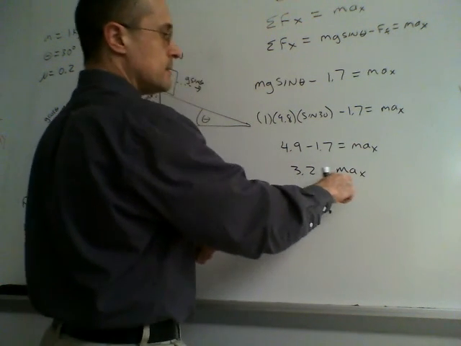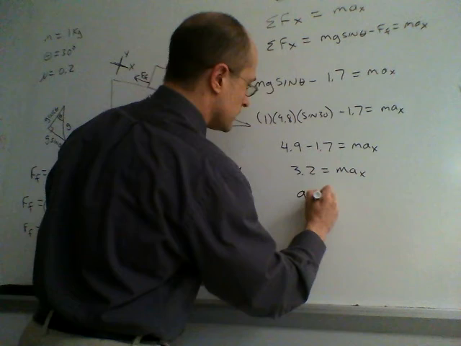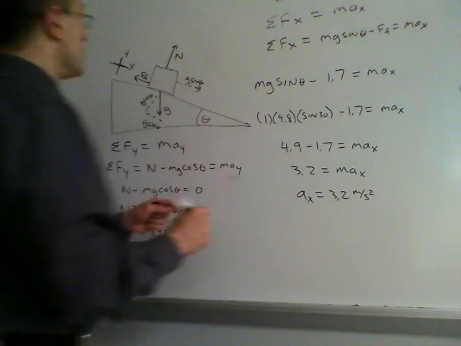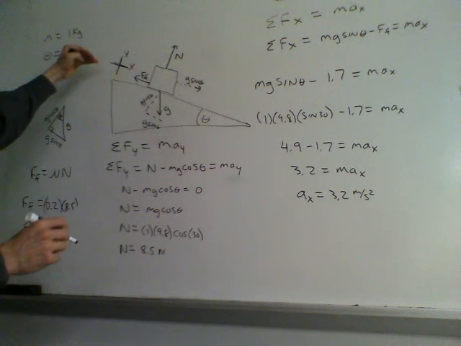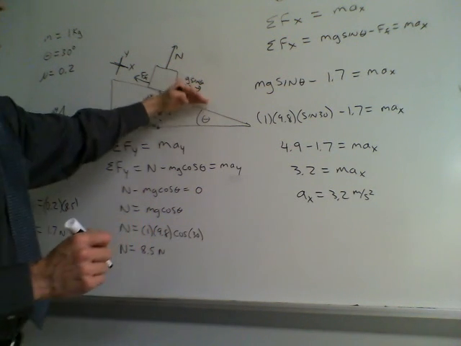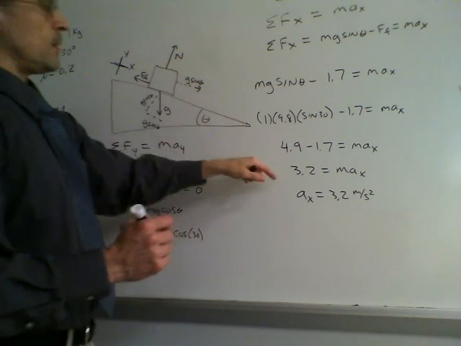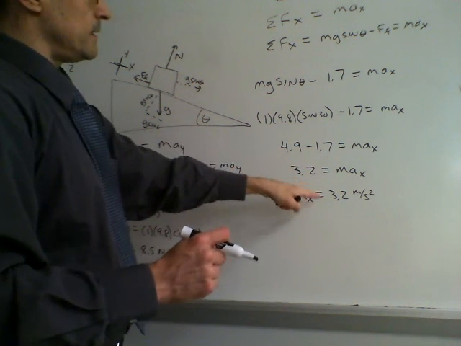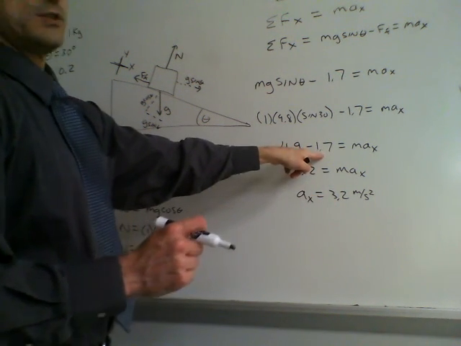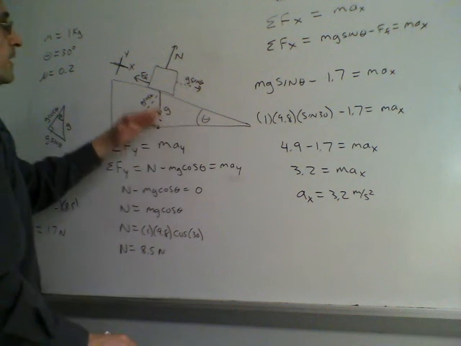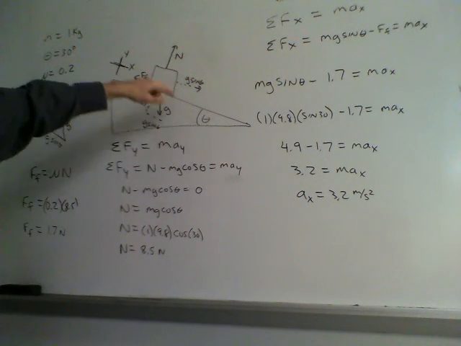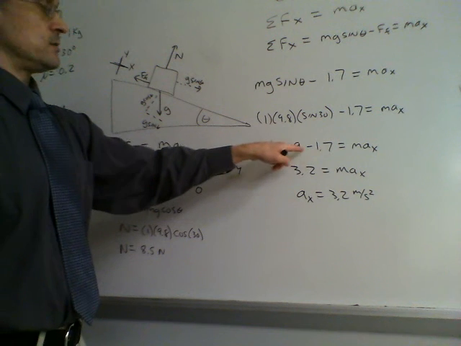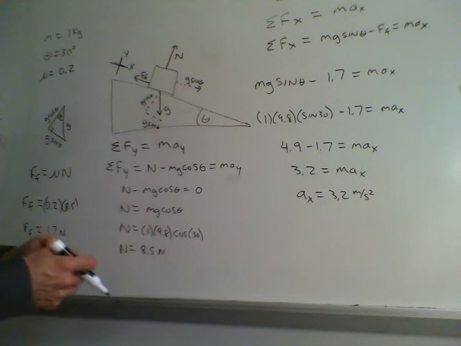Since m is 1, a_x is 3.2 meters per second squared. So at 30 degrees, the block will accelerate down the plane, but not at 4.9; it'll be at 3.2 because friction is slowing us down a little. If we had no friction, it would have been 4.9. So friction slows us down a bit.